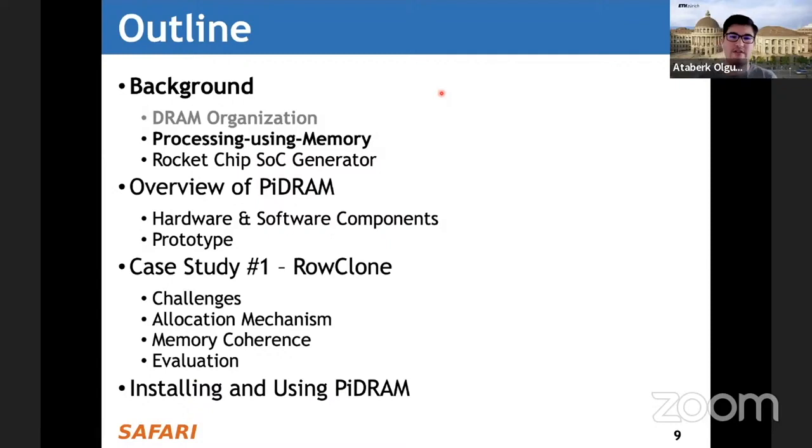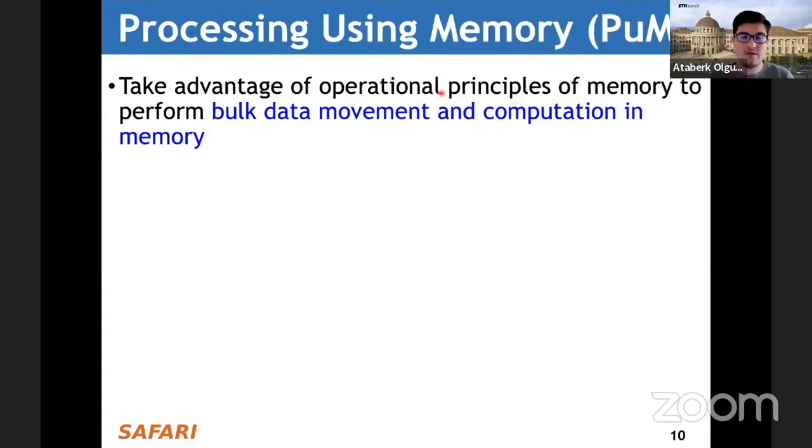Now I will briefly describe existing processing using memory techniques. Processing using memory techniques take advantage of operational principles of memory to perform bulk data movement or computation inside memory chips. These techniques can exploit internal connectivity.